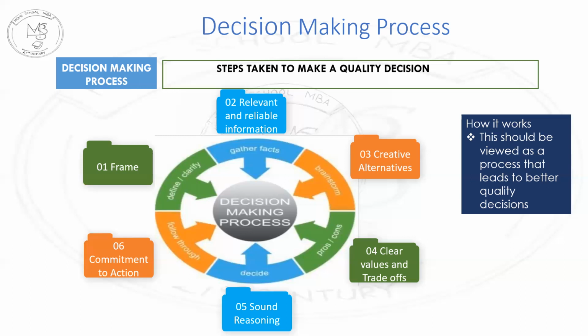Not only implemented, it must also be monitored and supervised, so that whatever is being done is according to the decision and according to the pros and cons of the decision. And then it should be viewed as a process that leads us to better quality decision-making, which is ultimately achieved.